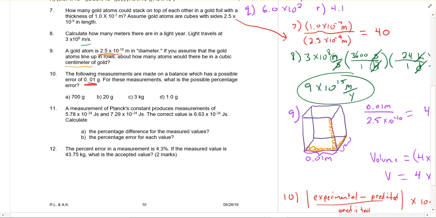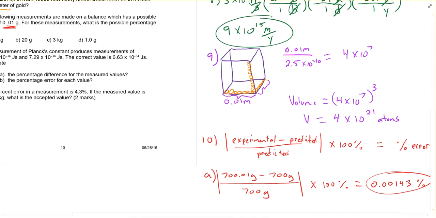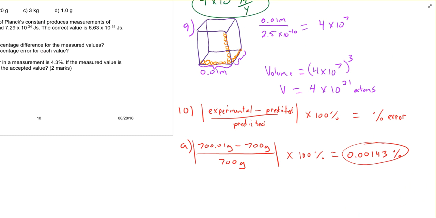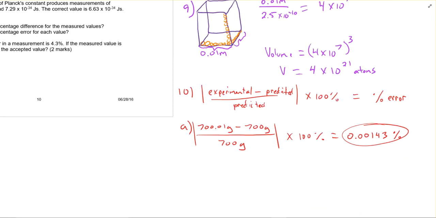It could only be 700.01, or it could be 699.99. It could also be the other way, so plus or minus that. So that's my percentage error.